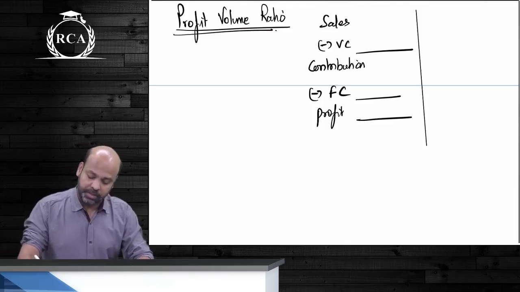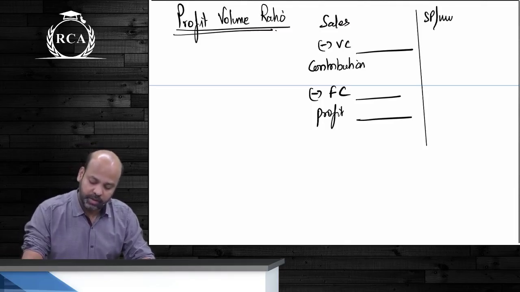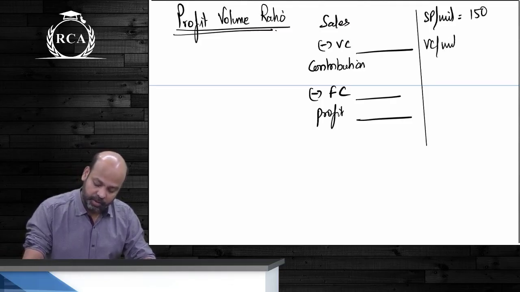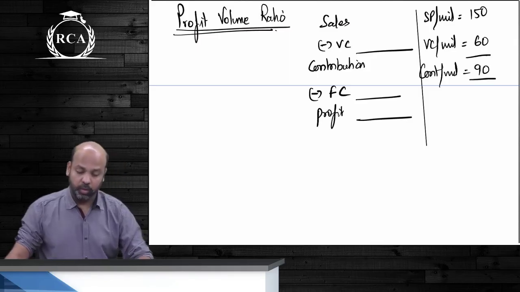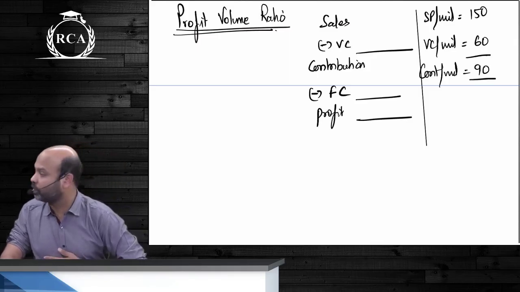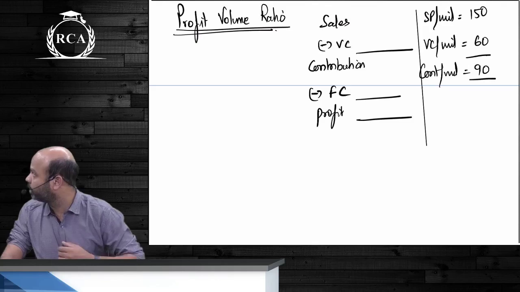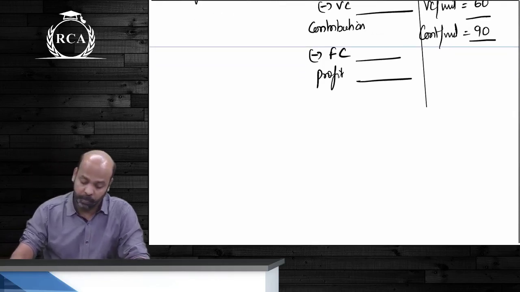If my selling price per unit is say 150, variable cost per unit is, let's say, 60 rupees. My contribution, guys, per unit would be 90. 150 minus 60, the amount of contribution per unit would be 90 rupees.